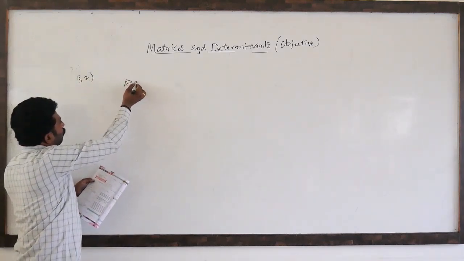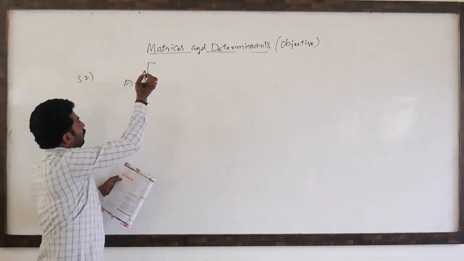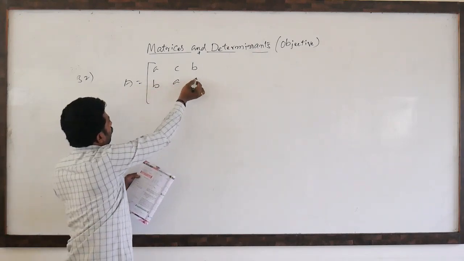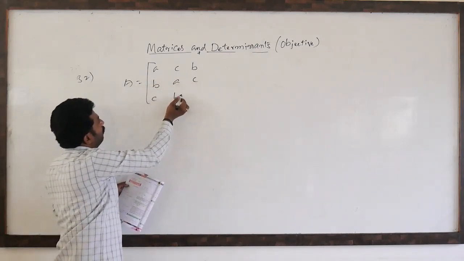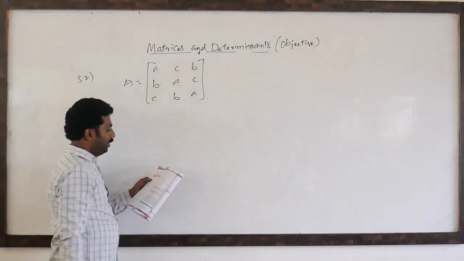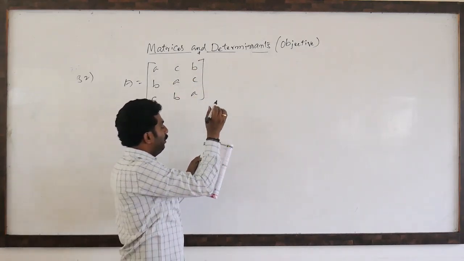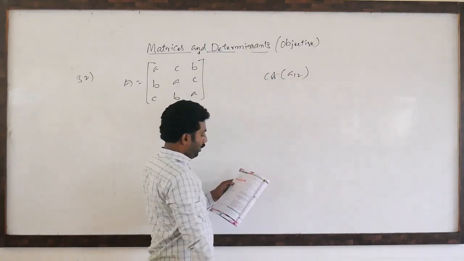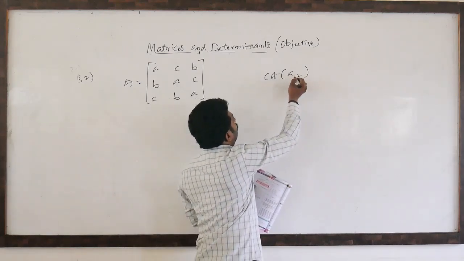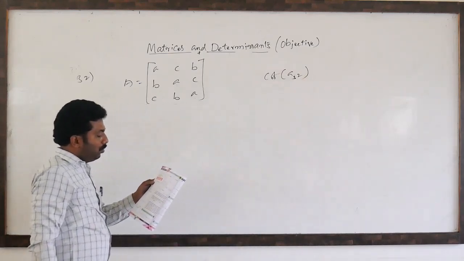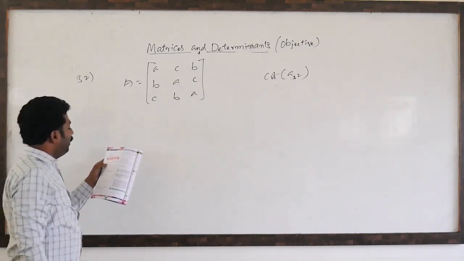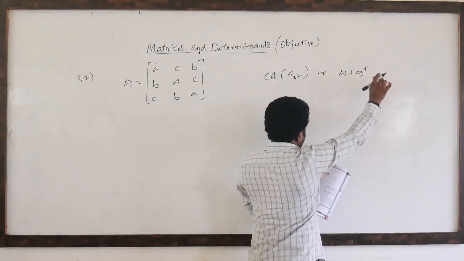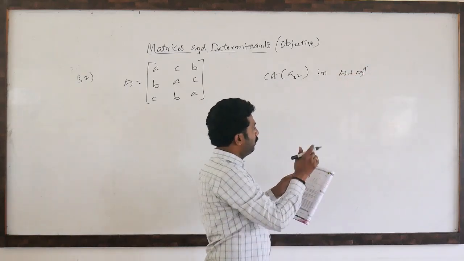If A equals one square matrix, that is A C B, B A C, C B A, then find the cofactor of A32 in A plus A transpose. Observe the options.